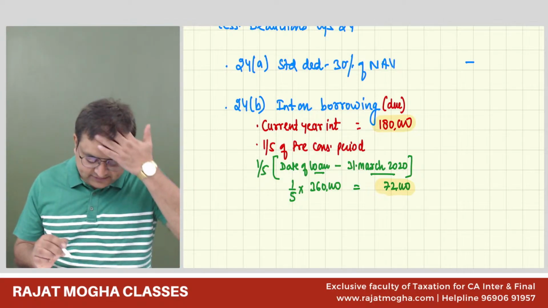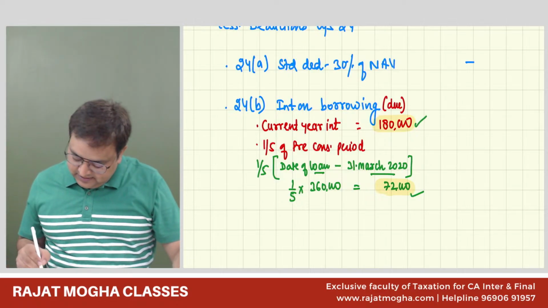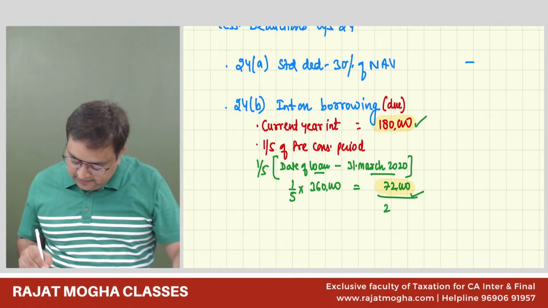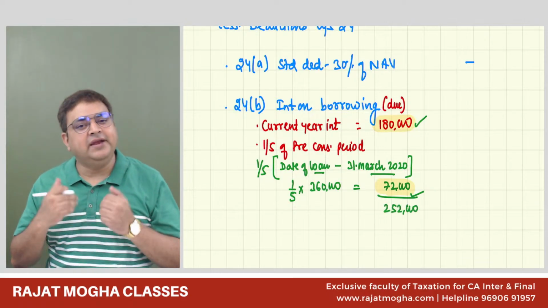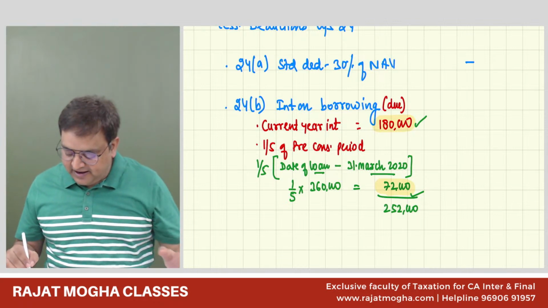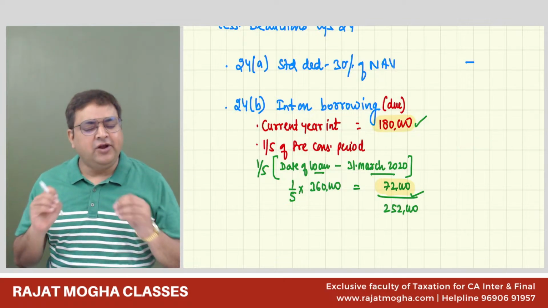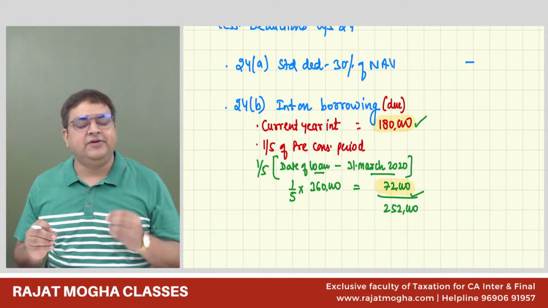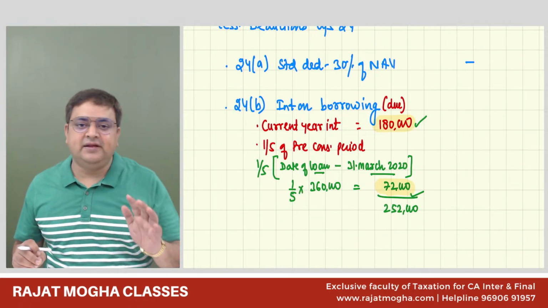So in that case, 180 plus 72,000, how much is it? 2,52,000. But the sum total, see, had it been a let out property, then I can take 252. Whatever is the interest, there is no restriction. For let out property, there is no restriction, whether you follow optional, whether you follow default. But for self-occupied property, there is a restriction.